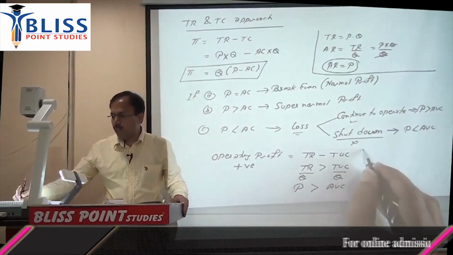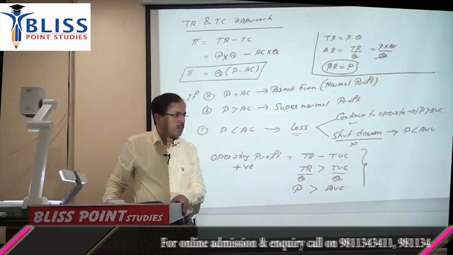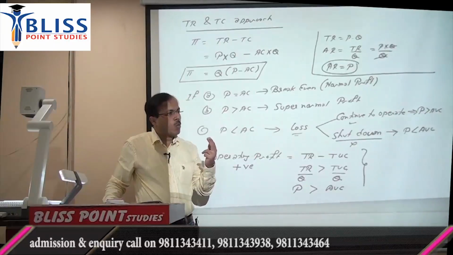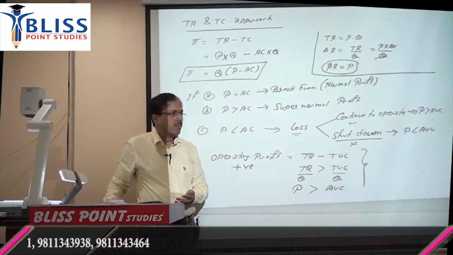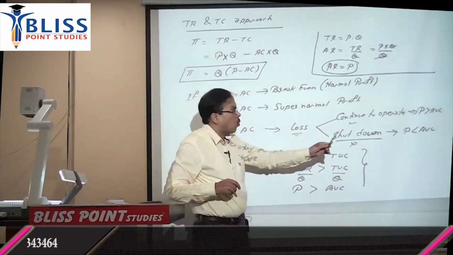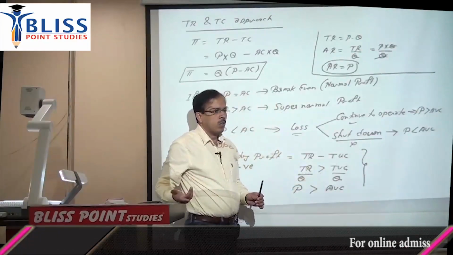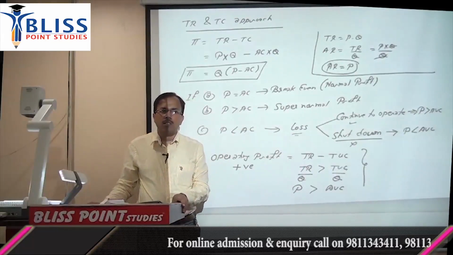Shutdown point will be price equal to minimum of average variable cost. Shutdown price is that. So whenever price is lower than AVC, how much is production? Zero. Shutdown हो गया वो तो फर्म ने कहा shutdown कर दिया तो production zero हो जाएगा.